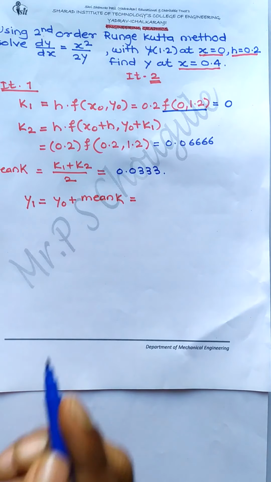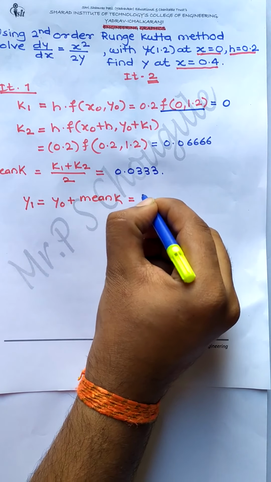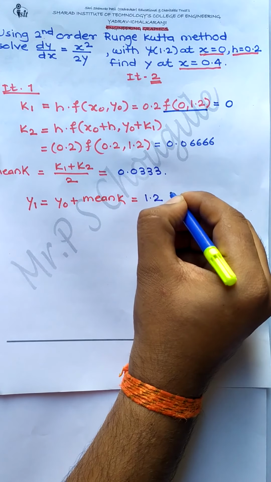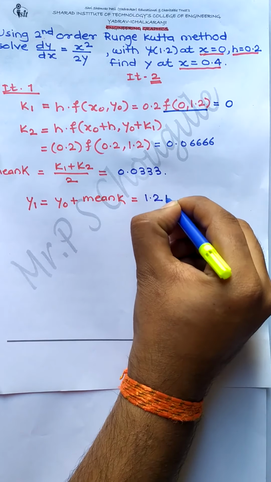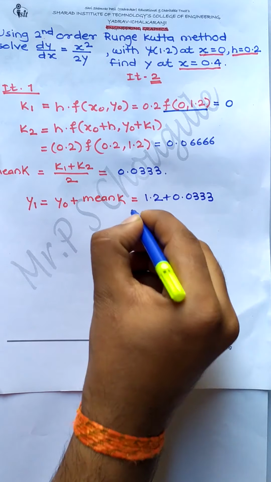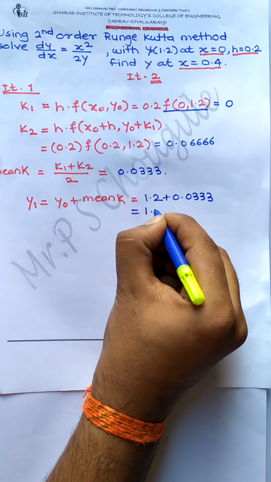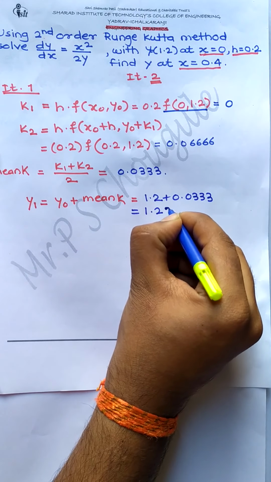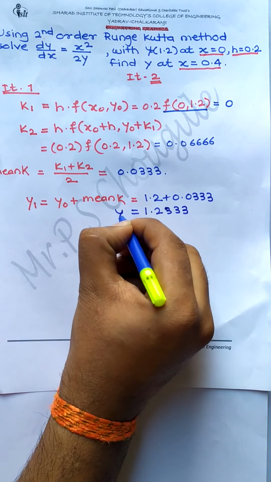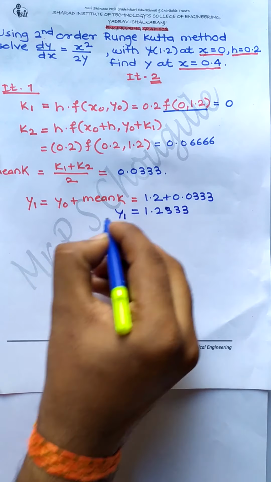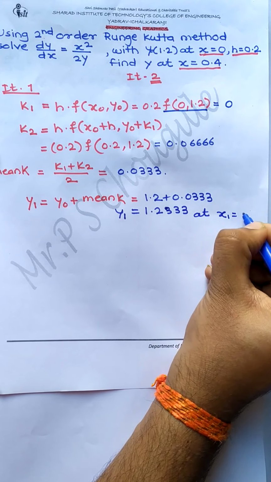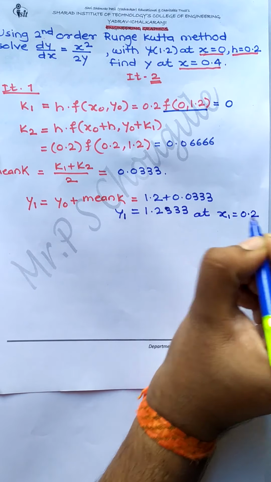Right now y0 is 1.2 and mean k is 0.0333, which will give us 1.2333. This will be the answer: y1 at x1 is equal to 0.2.